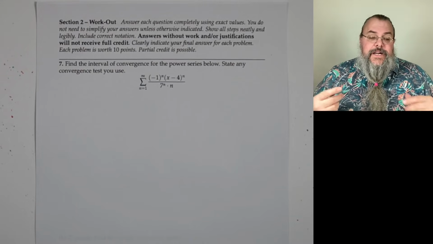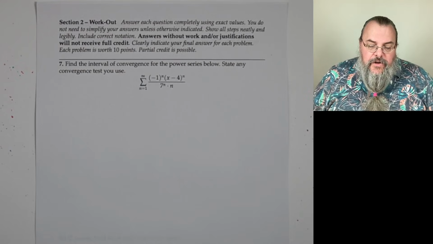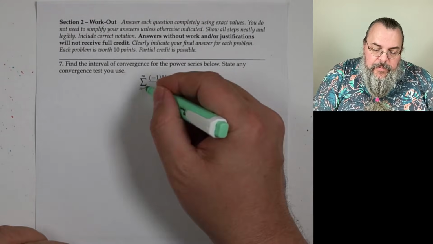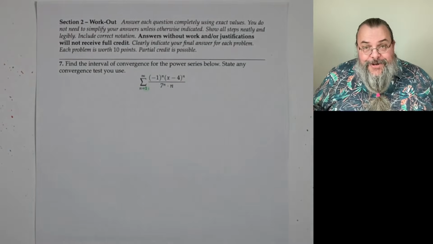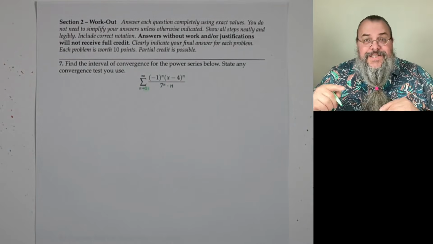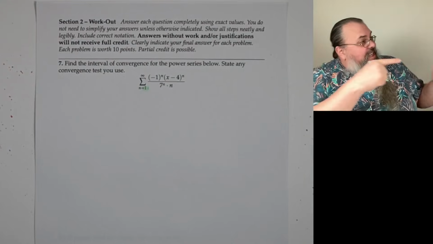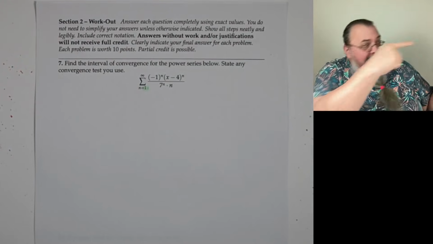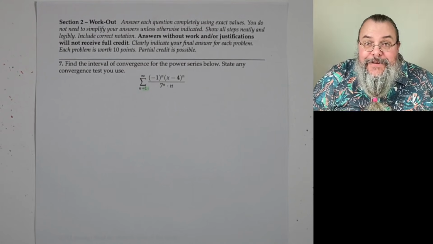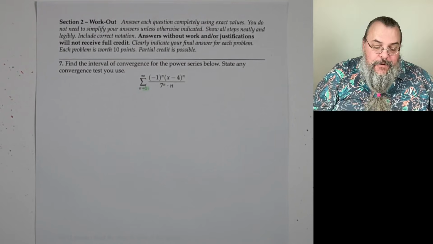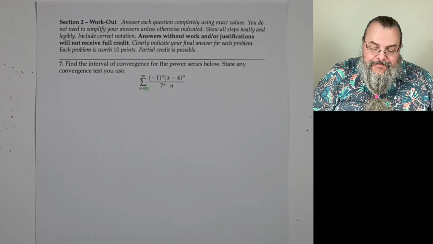Now, when we're doing interval of convergence, don't worry about this part. That you can ignore. The question is the tail. What's happening way down there at infinity? That's going to help you know converge or not.